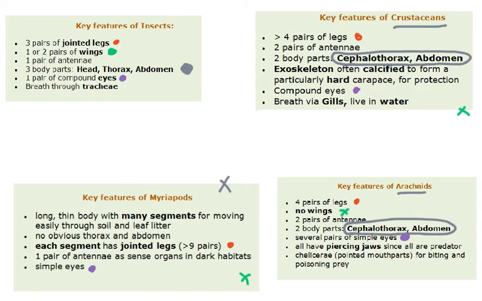Then another one, very nice one, is antennae. So one pair of antennae here. Here we have two pairs of antennae in crustaceans. In arachnids again two pairs of antennae. And one pair of antennae as sense organs in dark habitats.